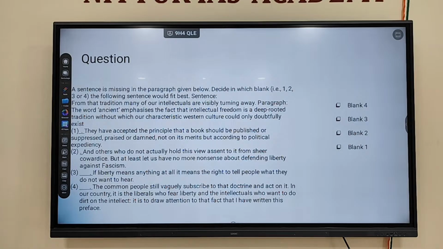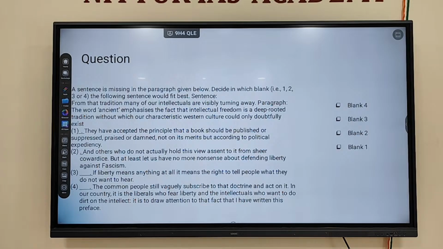They have accepted the principle that a book should be published or suppressed, praised or damned, not on its merit but according to political expediency. The others who do not actually hold this view assent to it from sheer cowardice, but at least let us have no more nonsense about defending liberty against fascism.